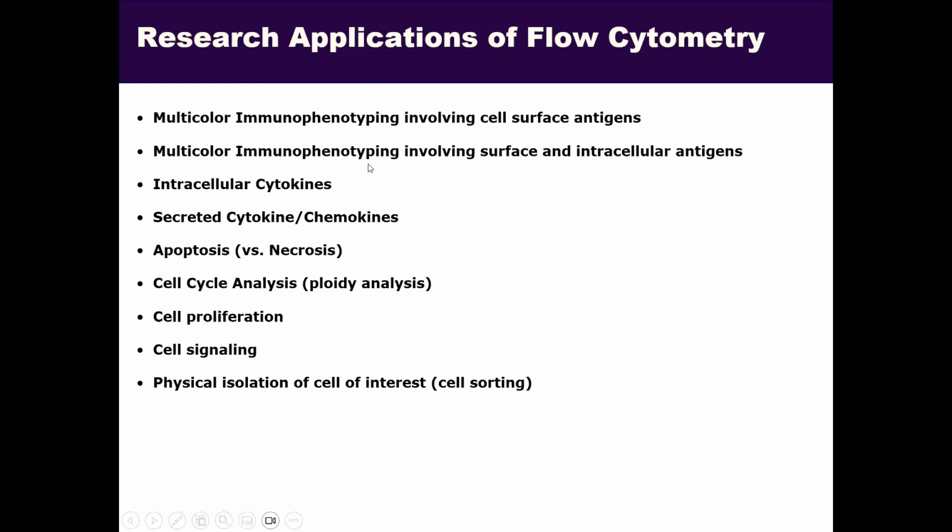Maybe in future or maybe right now, any one of you must be doing these intracellular stainings to check intracellular cytokines, for example IL-6, IL-2, IL-17, TNF alpha, gamma, all these cytokine studies. Now, you might also be using it for apoptosis, like PI staining, cell cycle for the ploidy check, cell proliferation assay, CFSE, and other things.